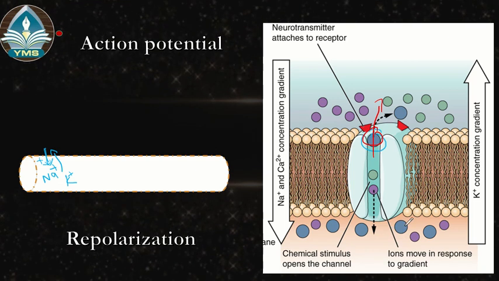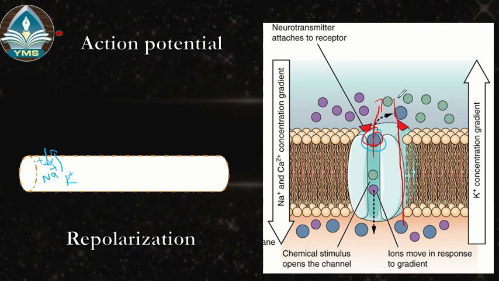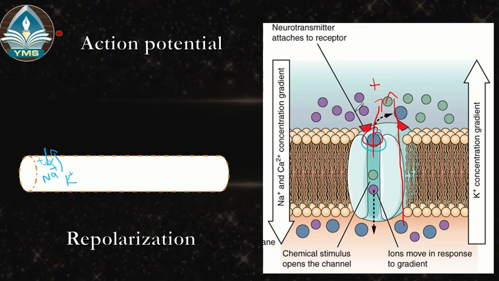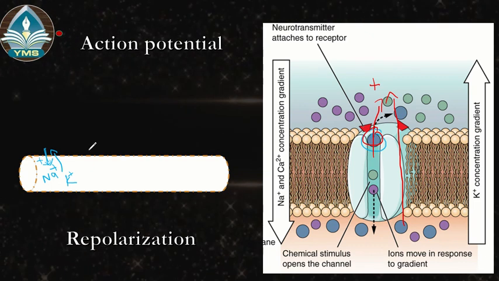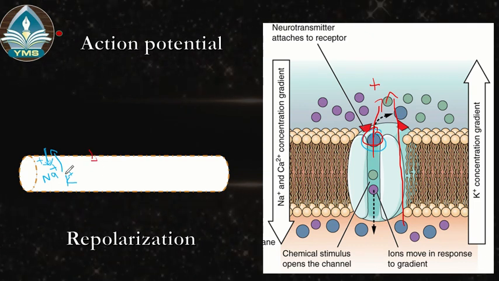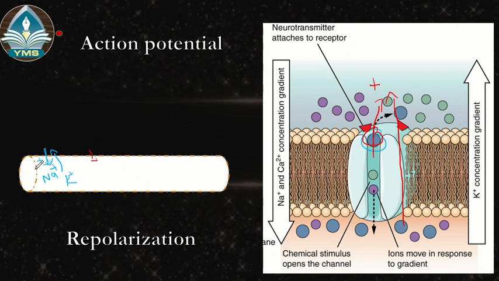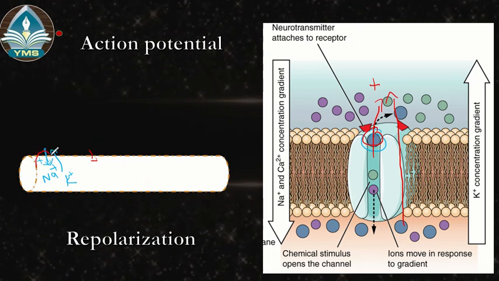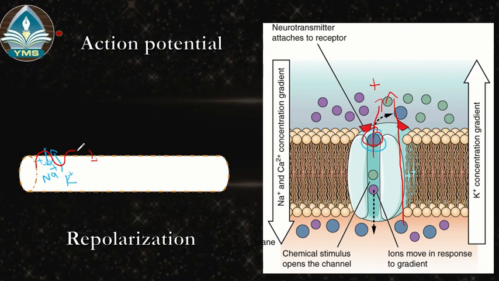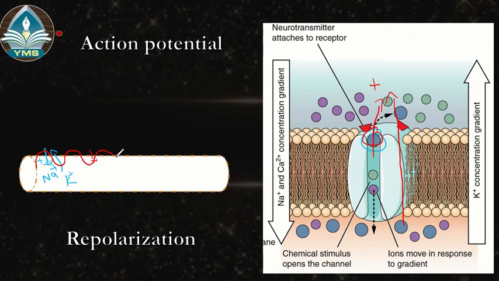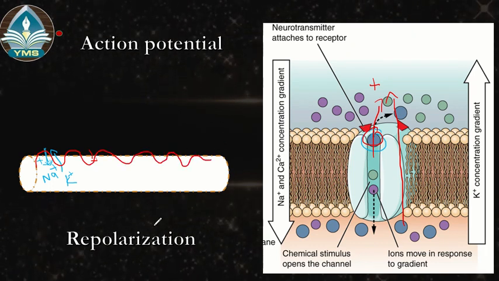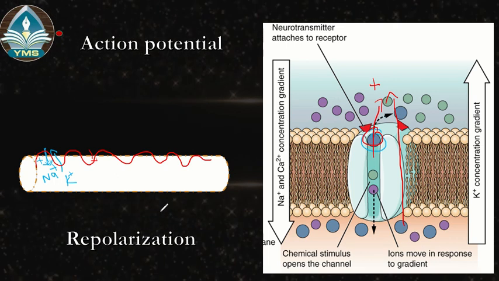So from here, potassium is going to diffuse out of the neuron to make it positive again in that place, so sodium can enter the next place. This will cause a wave of depolarization and repolarization, depolarization, repolarization along the axon, and this is what we call action potential.